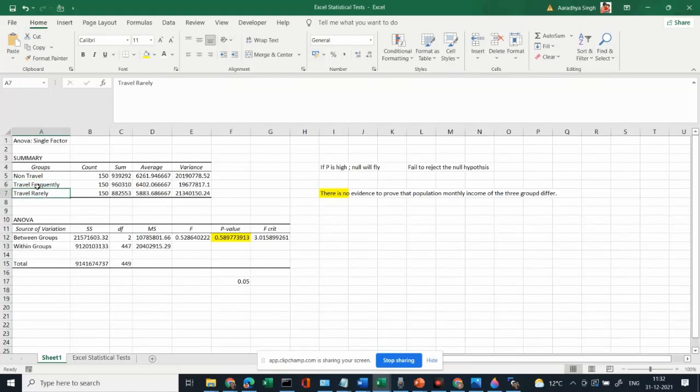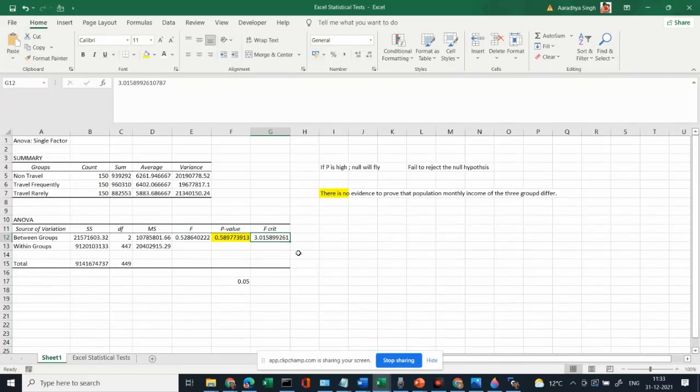Between travel frequently and travel rarely, how much is the variance? Within the group talks about individually in this particular group, what is the spread? When you divide this by degree of freedom, you get mean sum of square. So if you divide 21571603 by 2, you'll exactly get this number. Similarly, you can do that for within the groups. And once you divide this by this, you get the F statistic value, which is compared to F critical value to reject or fail to reject the null hypothesis.